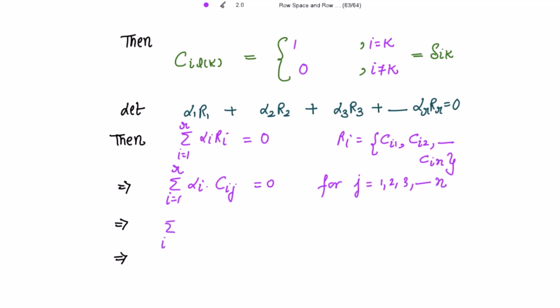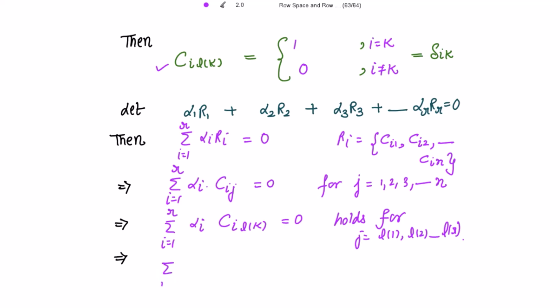And then the summation, i going from 1 to r, alpha_i. Then we have defined this C_ilk, so writing this as C_ilk. This is equal to 0 as this holds for j equal to l1, l2 up to lr.